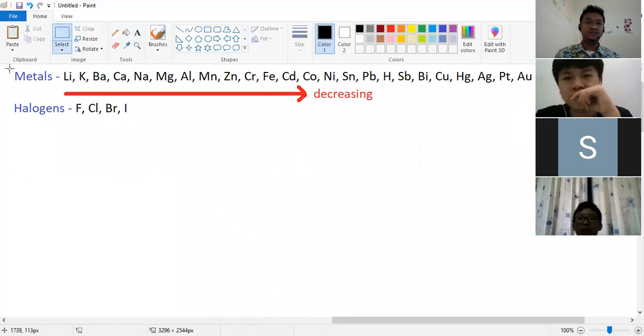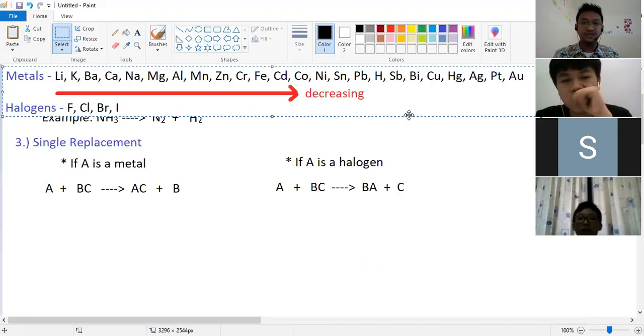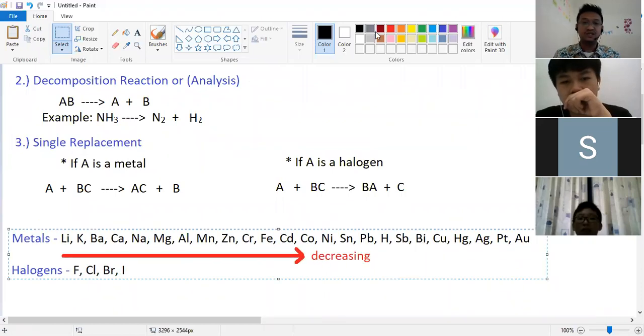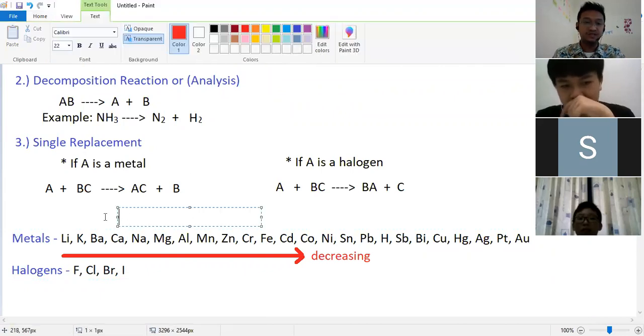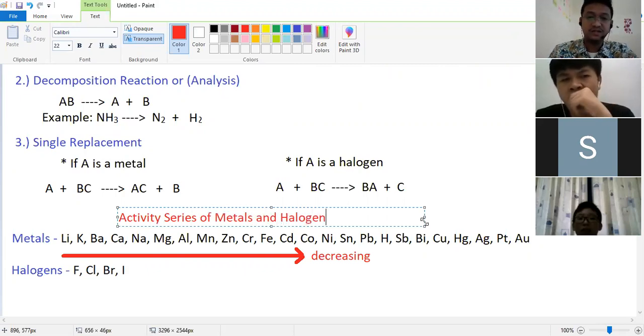All right, so let's copy this there. We have this series of metals and halogens. We call this the activity series of metals and halogens.